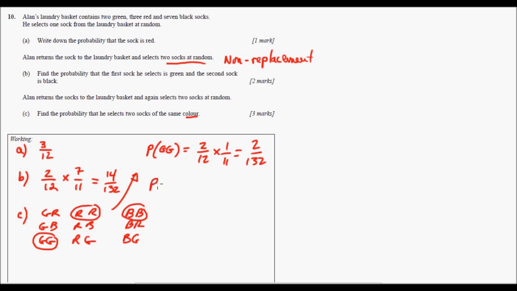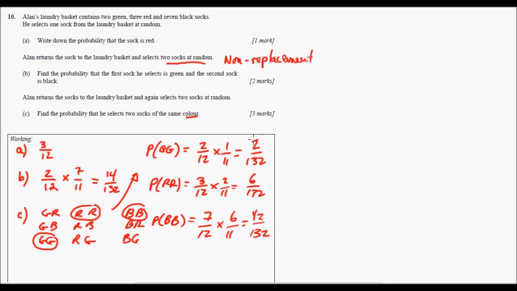And then the probability of red, which would be 3 out of 12 times 2 out of 11, which is 6 out of 132. And then the probability of black is going to be 7 out of 12 times 6 out of 11, which would be 42 out of 132.